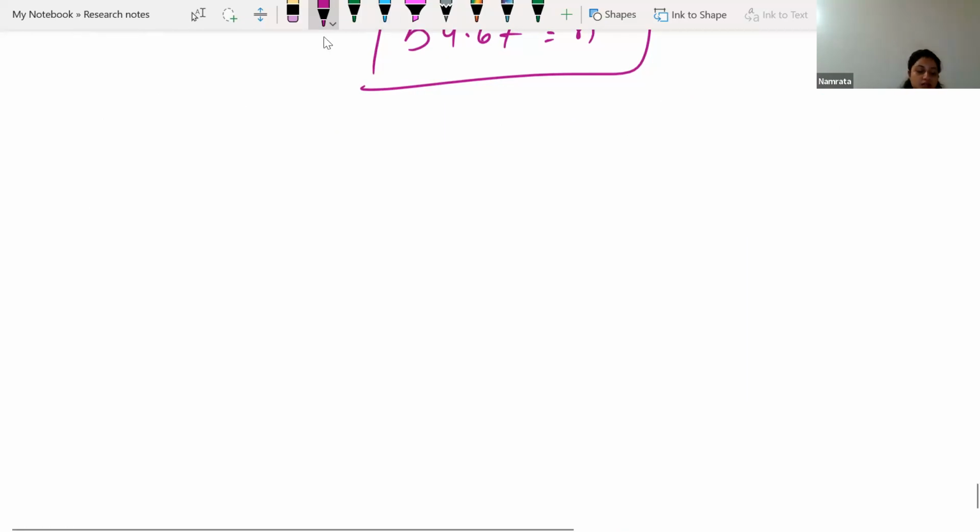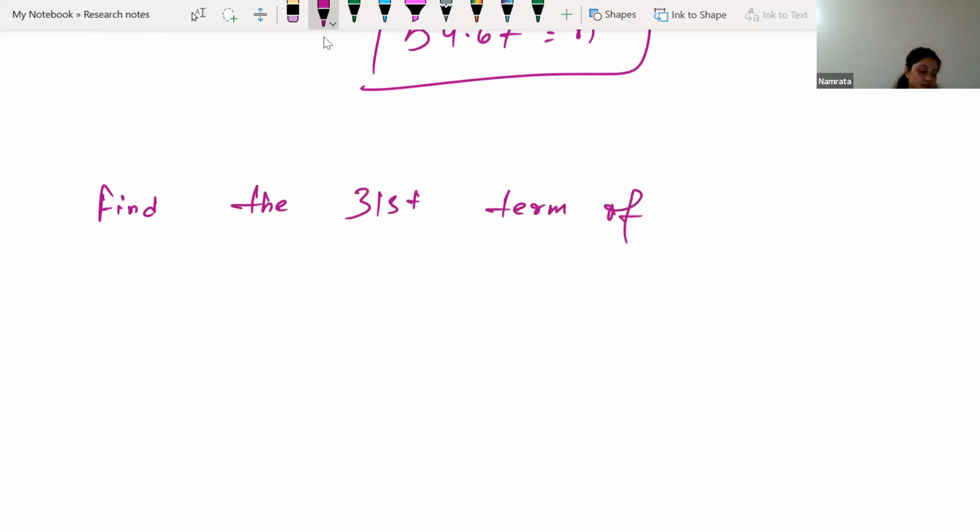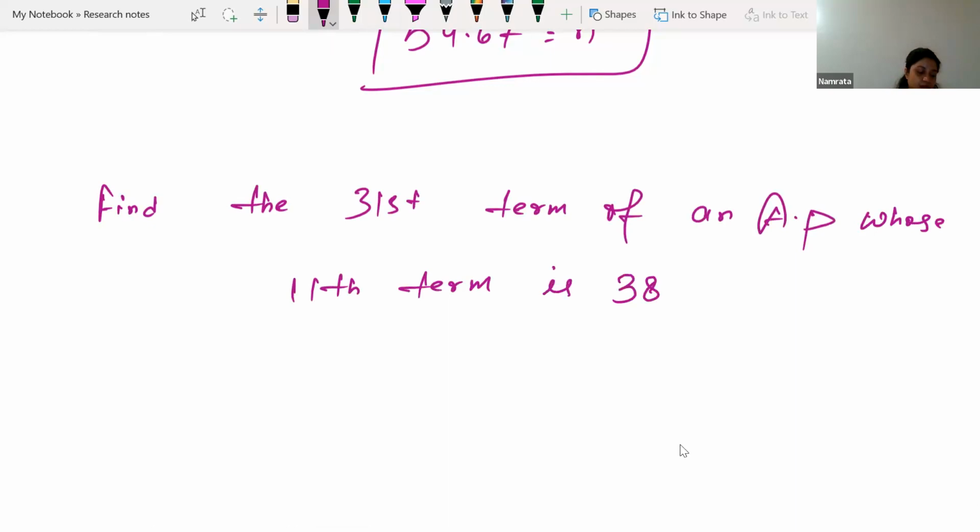Now the next question says, find the 31st term of an AP whose 11th term is 38 and 16th term is 73.